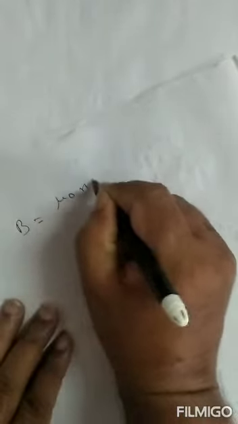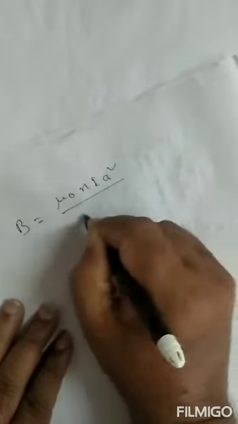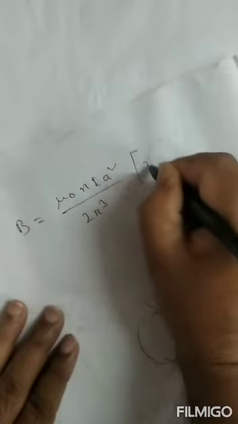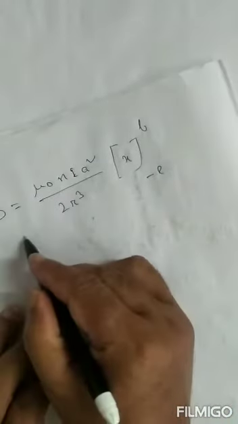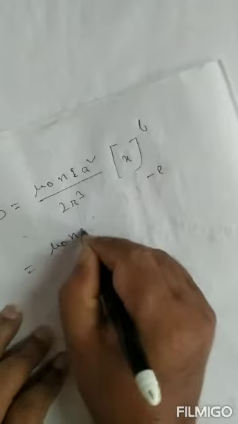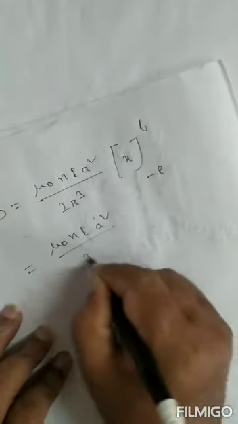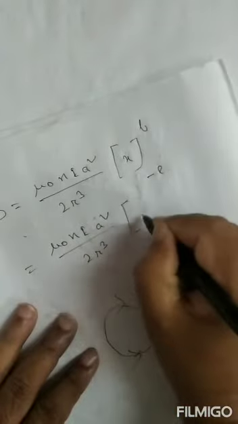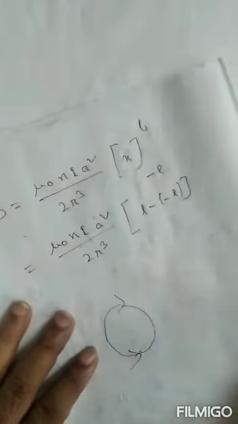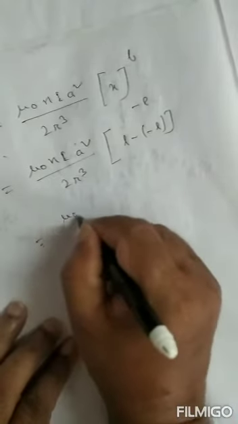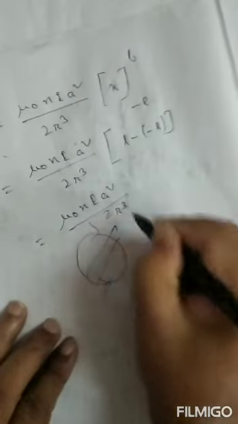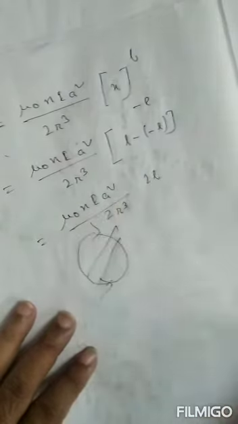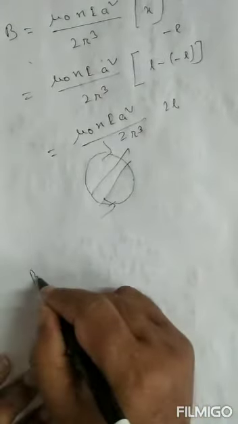We get B equal to mu 0 N I A square divided by twice R cube, times x from minus L to plus L. So this is mu 0 N I A square divided by twice R cube, times L minus minus L, which is twice L. Now we have to restructure it.